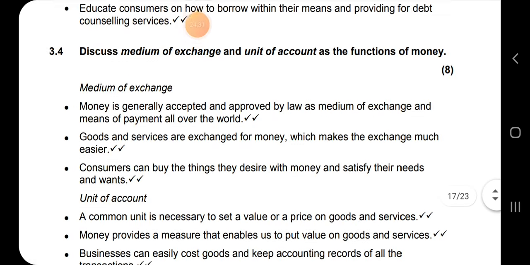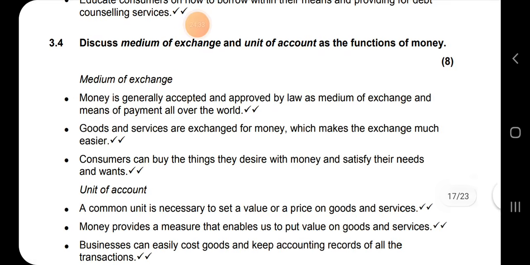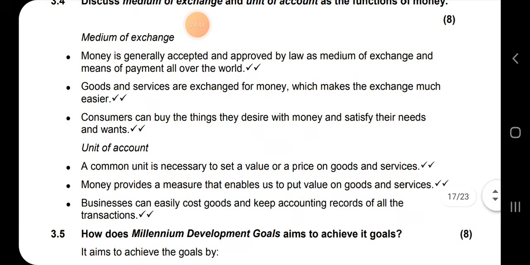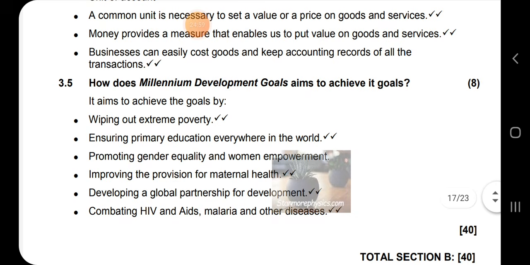Then discuss medium of exchange and unit of account as functions of money. Medium of exchange: money is generally accepted and approved by law as a medium of exchange and means of payment all over the world. Unit of account: a common unit is necessary to set a value or a price on goods or services. So any two points for medium of exchange and unit of account will give you 4 marks.